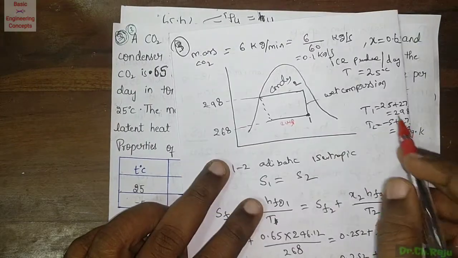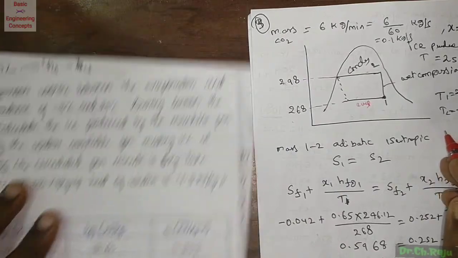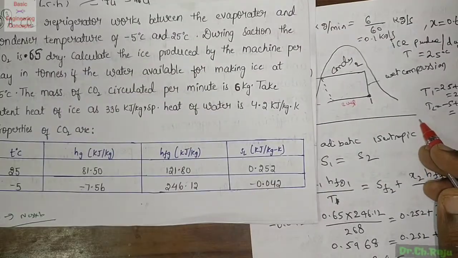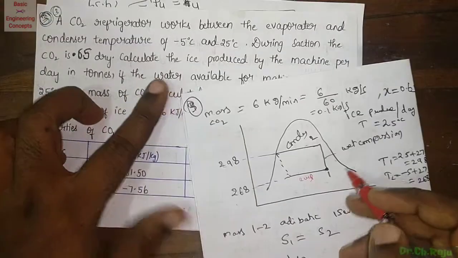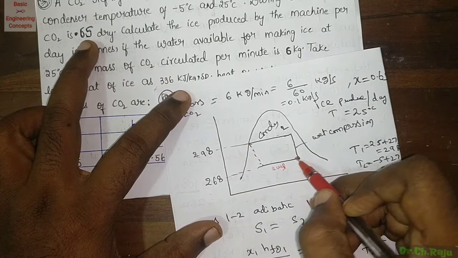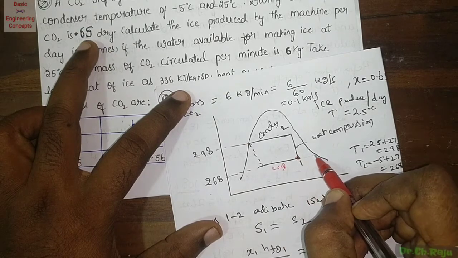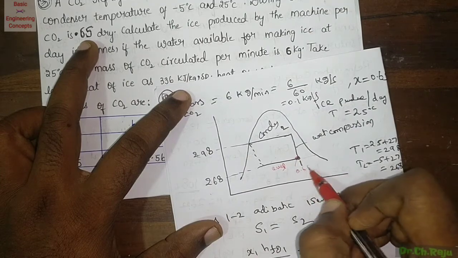These are the temperatures, 25 degrees and minus 5 degrees. So this is the wet compression. The condition of the vapor refrigerant is 0.65 dry, so that's why this line is not extended to here.